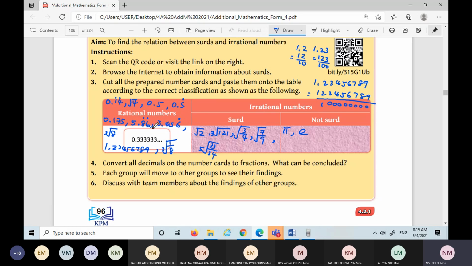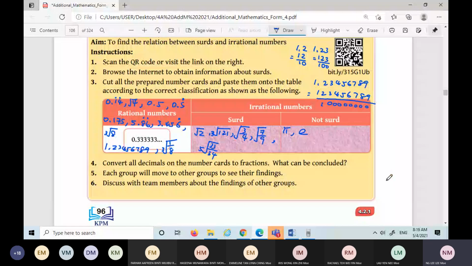So confirm this recurring decimal can also be written as a fraction with a and b both integers. This one we're going to learn in another lesson maybe. If today I can finish, then I will teach. That's all for this activity.